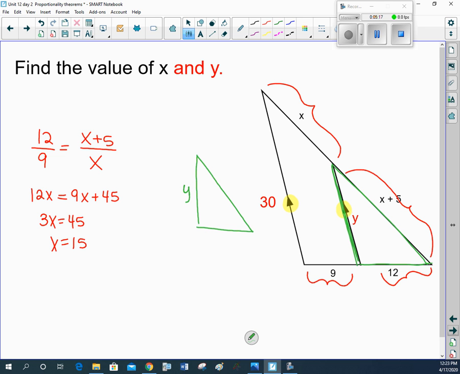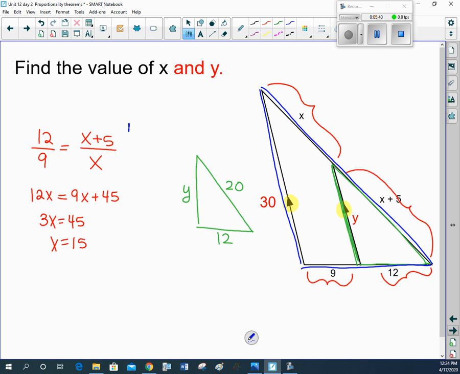And this side is y, this is x plus 5, which I now know x is 15, so that must mean this side is now 20, if I want to use that, and 12. Okay, and that's going to be in proportion. I'm going to do the big blue triangle.